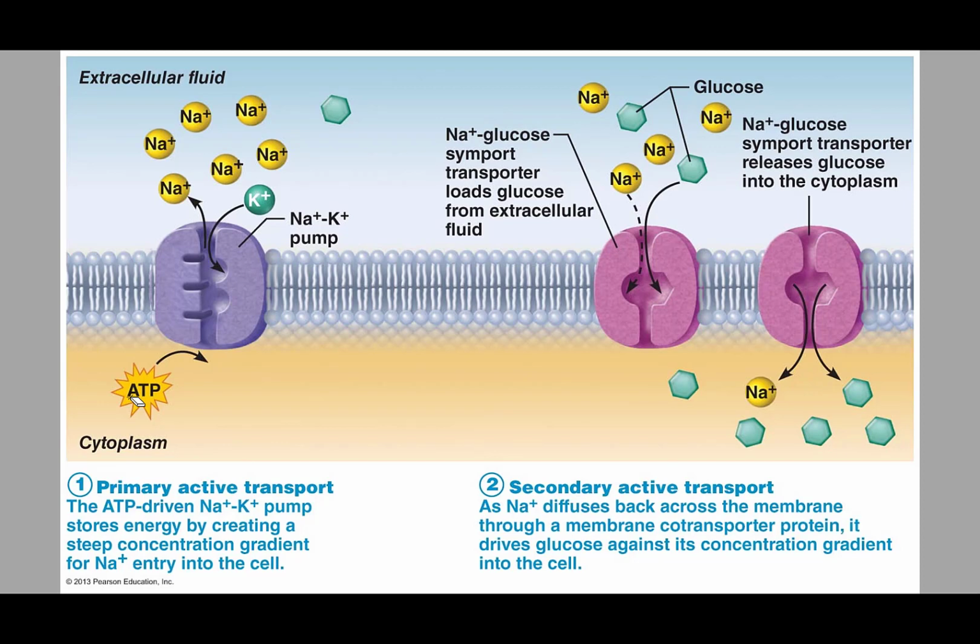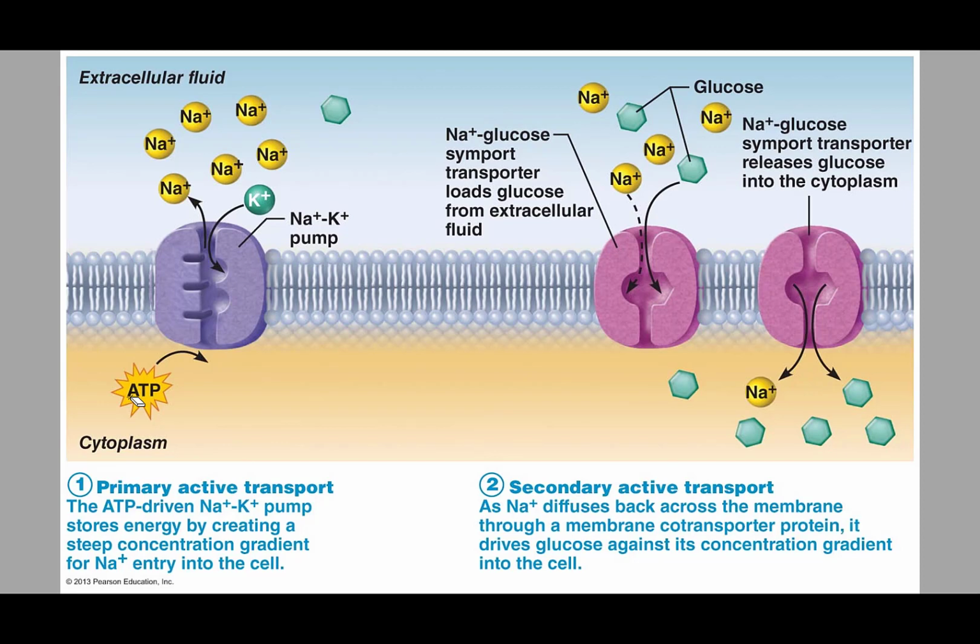Active transport uses ATP. It uses energy. And the reason that it's using energy is to move something from an area of low concentration towards an area of high concentration. It moves things in a direction they do not naturally want to go.